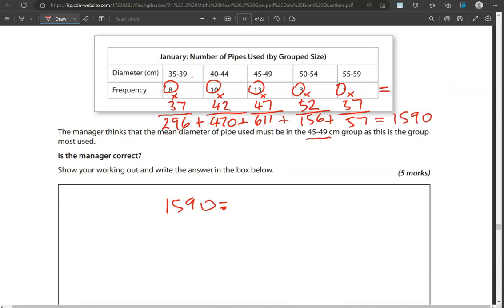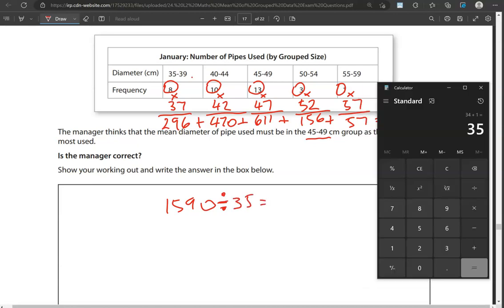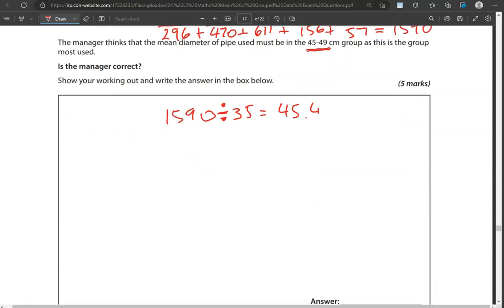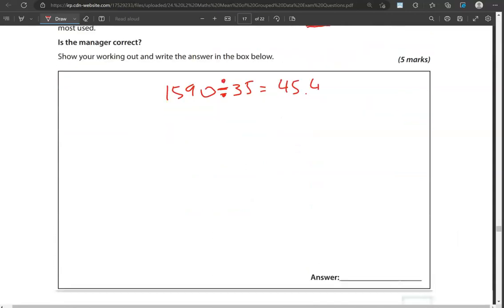So divided by 35 gives us 45.4. So is that in the 45 to 49 centimeter group? Yes, it is, because it's in between those two values. So we're going to say yes.